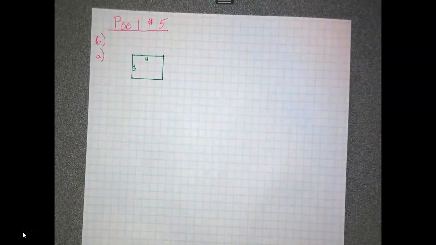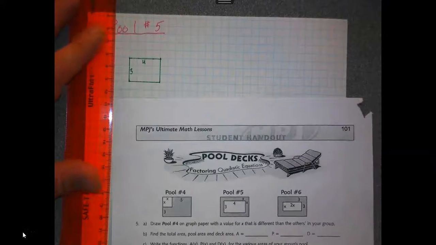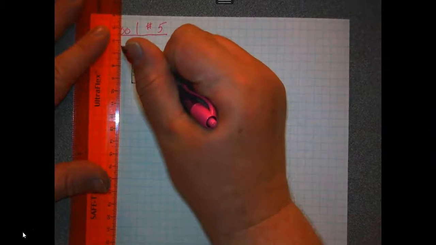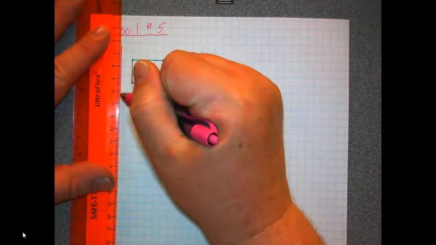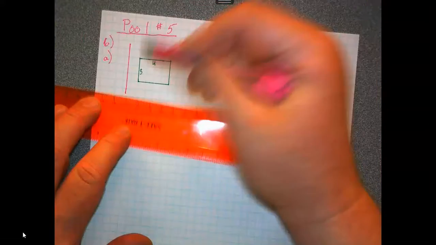And it says we have a deck going completely around this pool, and its length is, I'm going to choose 2 for my x. I'm sorry, it's x length. So I'm just going to draw a rectangle around the rectangle.